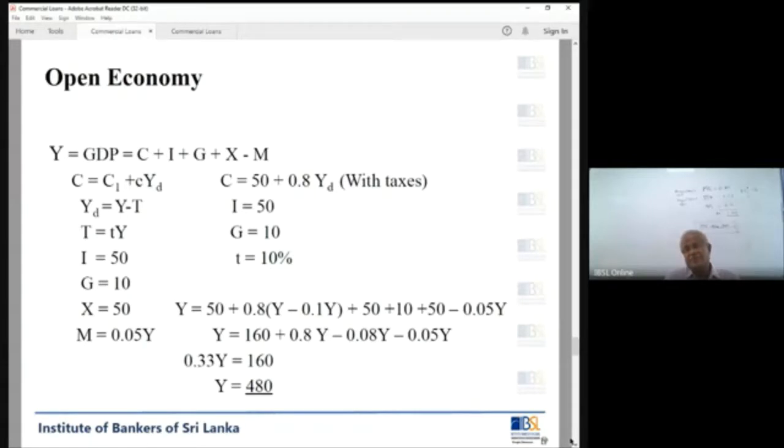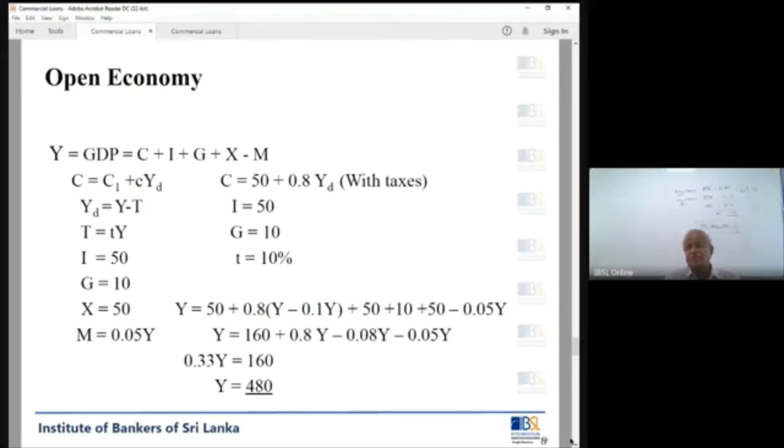Finally, Y equals 50 plus 50 plus 100, 100 plus 50 is 150, plus 10 is 160, these are the numbers. Then you get the Y terms, 0.8Y. You multiply 0.8 by 0.1Y, 0.08Y minus, then last term 0.05Y.